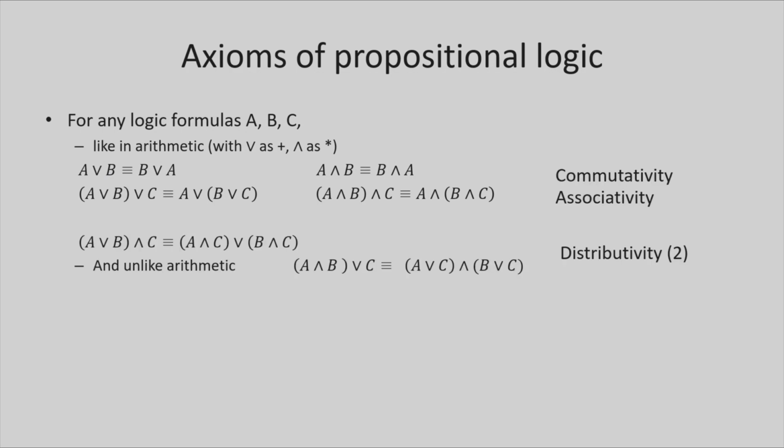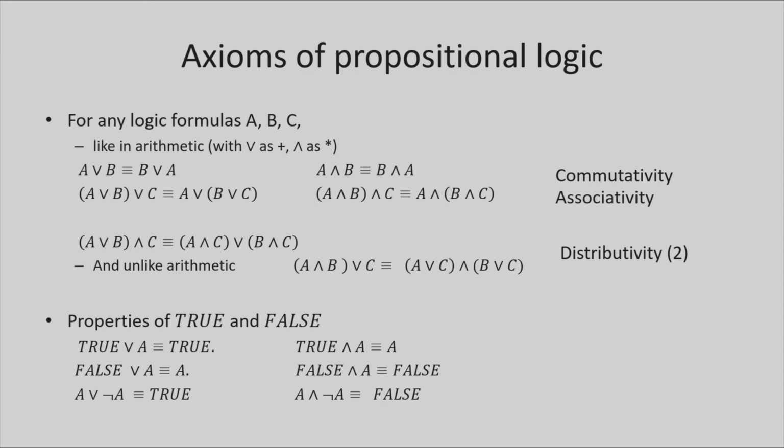This slide should look familiar to you from the very beginning of the course. When we were talking about propositional logic, we said that here are some rules or equalities that are true about propositional logic, and we could use them to simplify formulas and sometimes to show whether a formula is a tautology or a contradiction. Well, guess what?